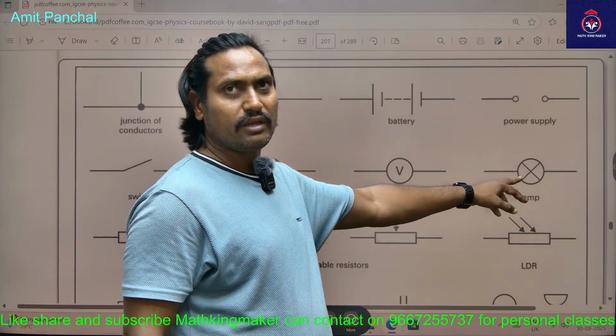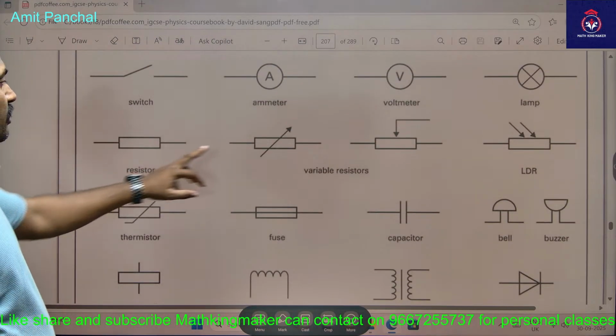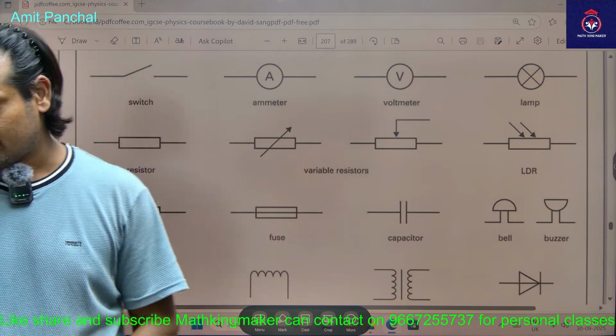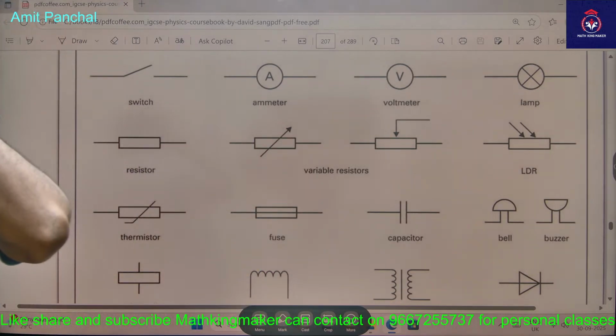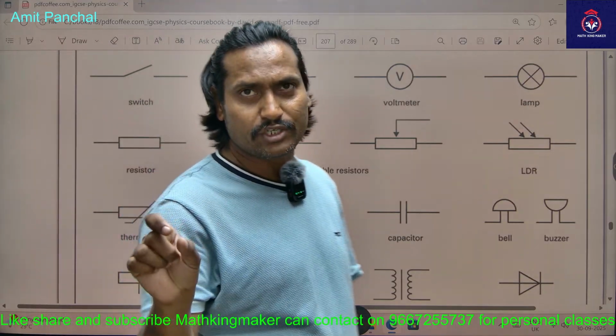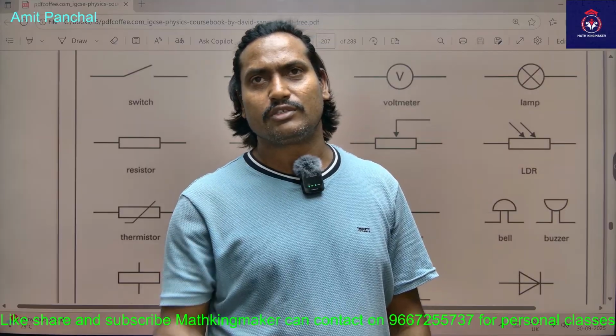This is the lamp indication. This is a resistor, and this is a variable resistor. What is a variable resistor? It can vary its resistance. Like the rotary switch we use in our fan to control its speed.